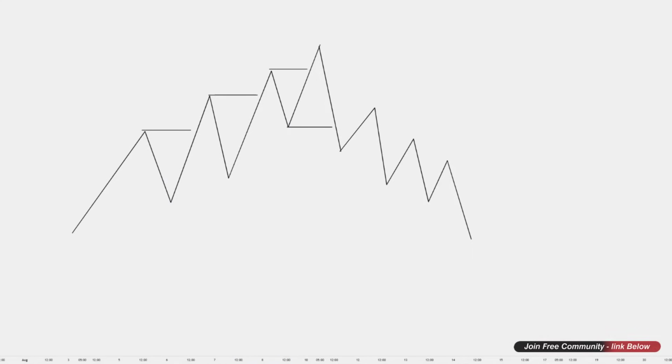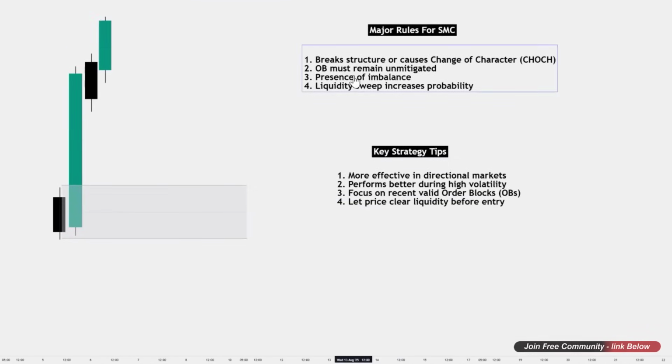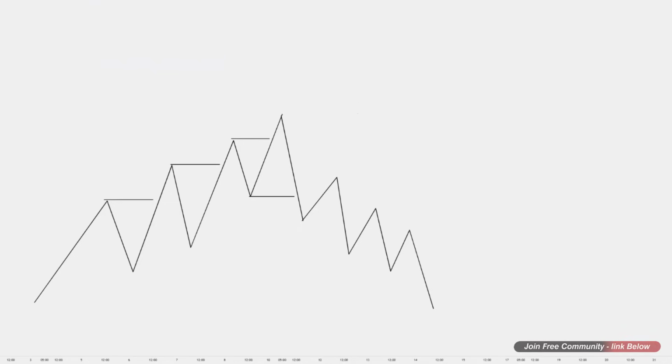And one of the ways you're going to identify a valid order block is when you identify that the order block is not mitigated, which means that price is yet to mitigate the order block. And what is mitigation? Mitigation is simply when price returns to the area of the order block for reduction of risk. So let's imagine that this is our order block right here, and you see price is here to mitigate the order block.